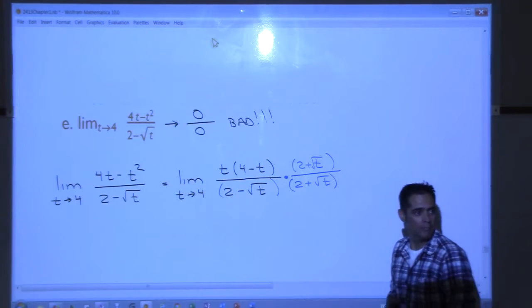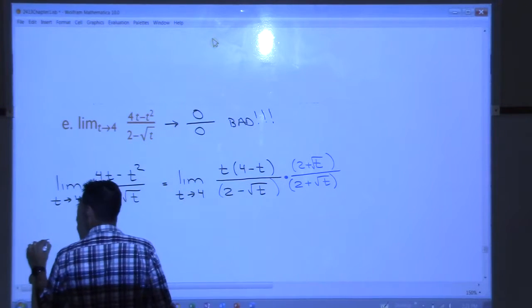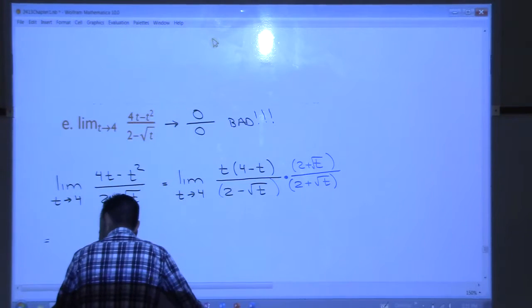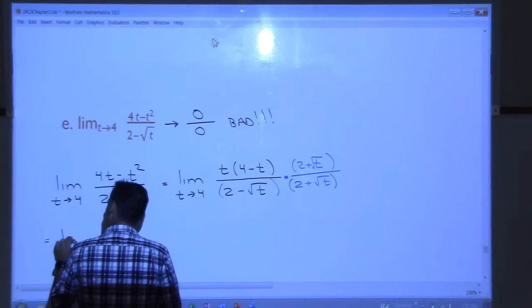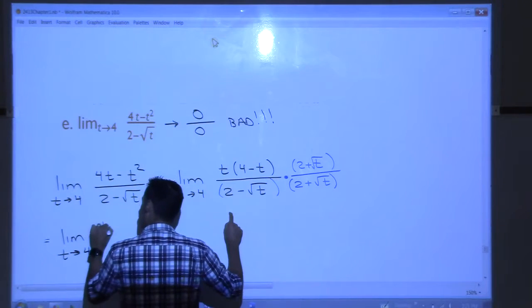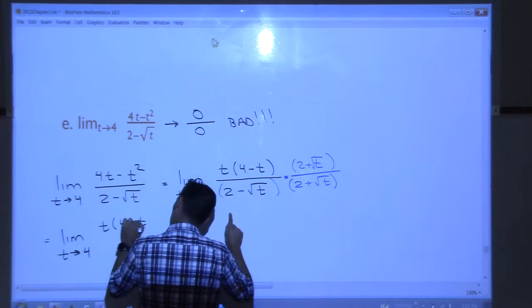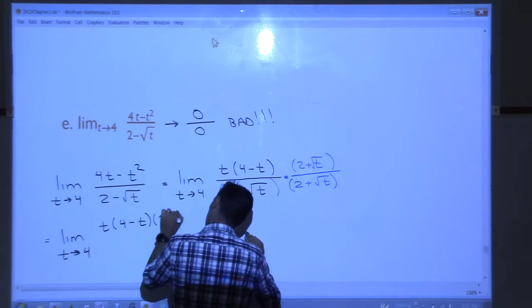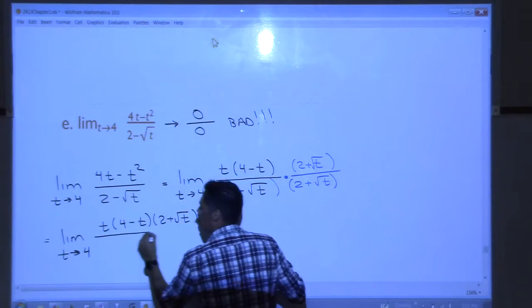And maybe we'll get lucky. We are going to get lucky, but it's not luck. The conjugate was an attack that was chosen for the problem. Okay, that's the top. I'm not touching it.